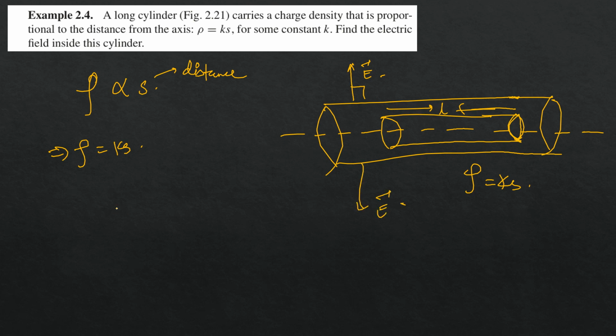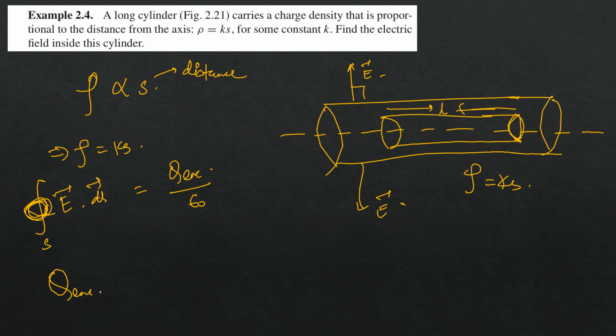Again, if we use the Gauss law, the integral of E dot ds is equal to Q enclosed by epsilon naught. Now we need to find Q enclosed. Q enclosed is the integral of rho dV.